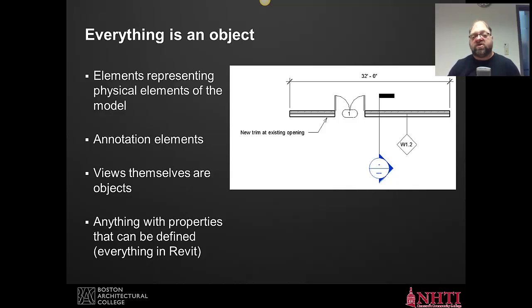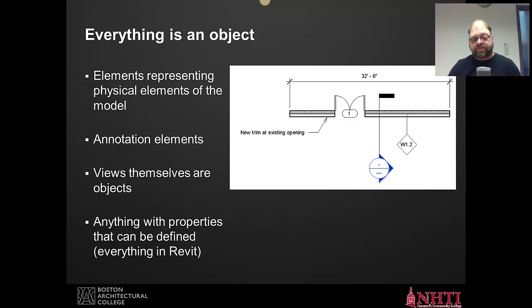However, the power down the road is that those objects handle relationships and display representations, the way they're going to show in a view. All of those things are handled by the object, so you can define that in the object, and it has effects across your entire project in every view. So you don't have to worry about that. You really just have to worry about getting the right object in the right place.